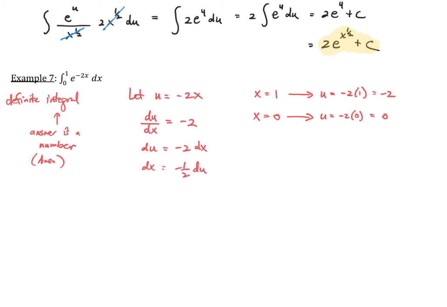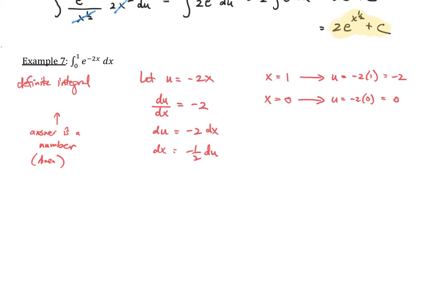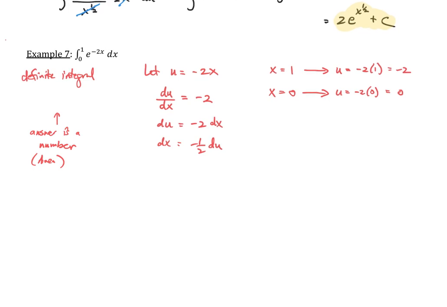So let's put this all together and repackage it into our definite integral. My original question was the integral from 0 to 1 of e to the negative 2x dx. I'm changing the integration variable to u.